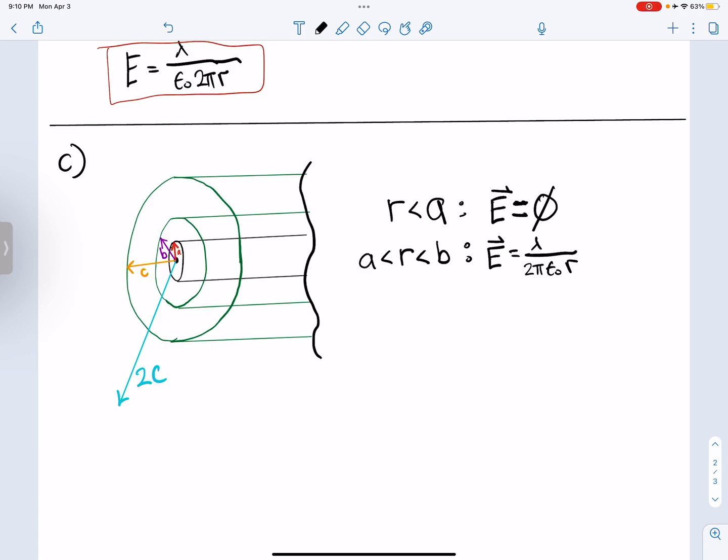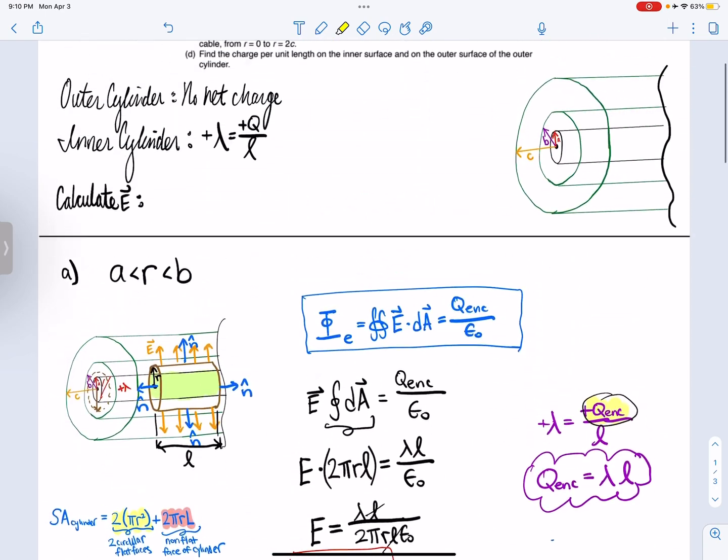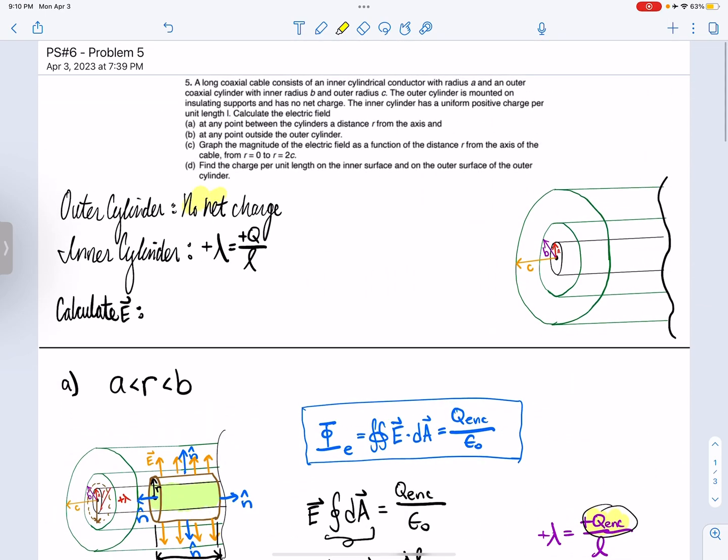What about when the radius is greater than b but less than c? Or in other words, here inside our outer cylinder. Remember that the outer cylinder has no net charge enclosed.